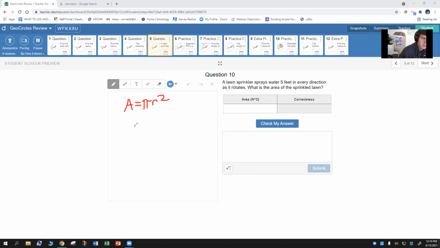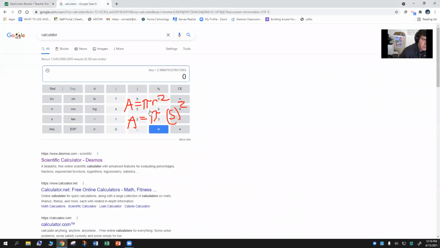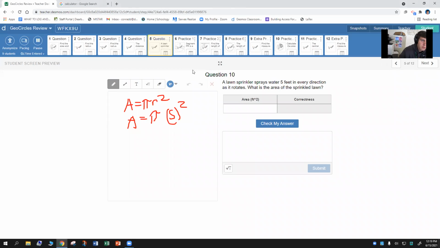So our area is pi times 25, or 5 squared. 25 pi in the calculator gives us 78.54, and that's feet squared, approximately 78.54.